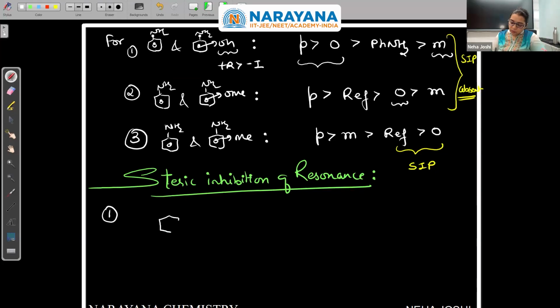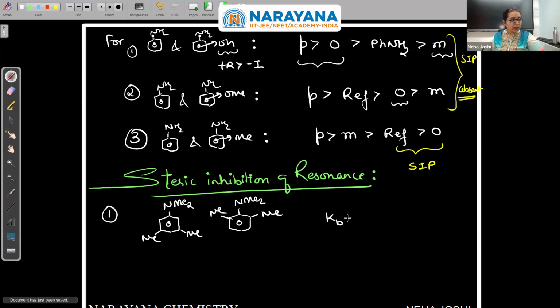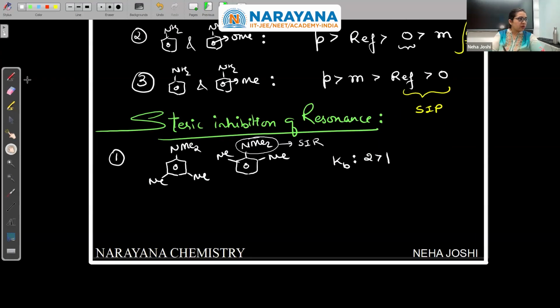What do I mean by both ways? For example, if I have NME2 and then I have NME2, ME and ME, and ME and ME, right? So I'll say as a base, 2 is going to be greater than 1, because this NME2 will have steric inhibition of resonance and thereby lone pair availability is increased, right?